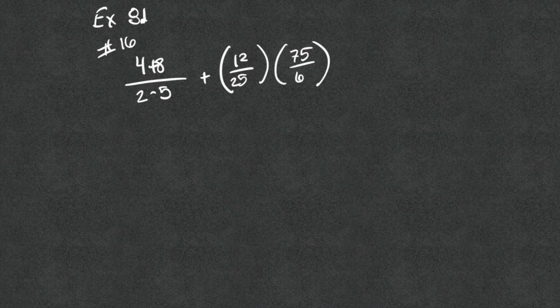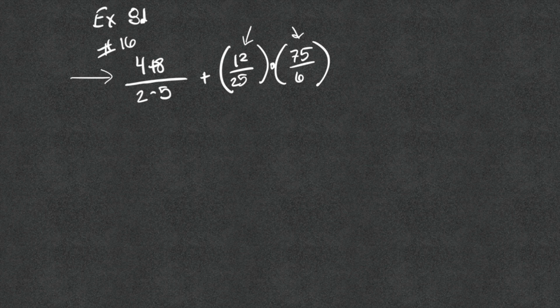Okay, so we have to think about this. Logically, let's just start on the left over here in the numerator because this is basically a division bar, right? And even though we have parentheses here, there's nothing in the parentheses to do. But those parentheses side by side do represent an operation of multiplication. We're going to talk about that in a second.